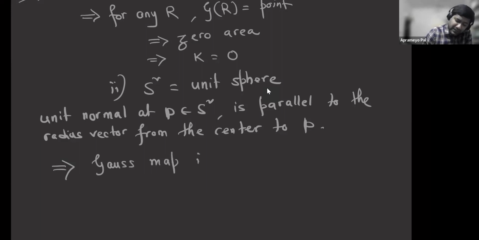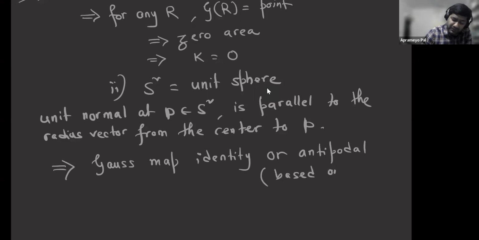So either it's the identity or the negative of the identity, which is sometimes called antipodal, based on the orientation. Essentially you should understand that the Gauss map is the identity, either plus or minus. If this is the identity, then these maps are equiareal: the map sends the same area to the same area.